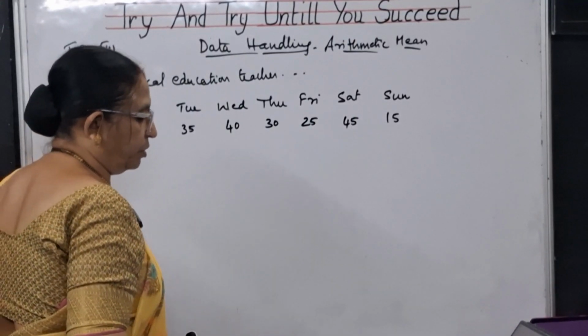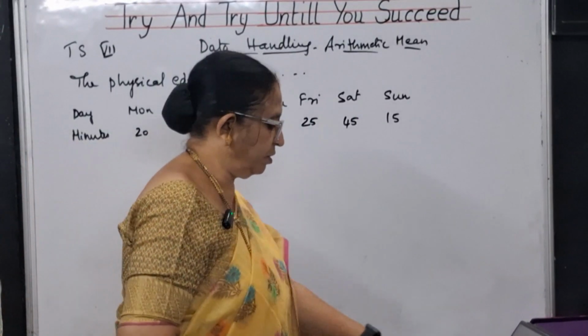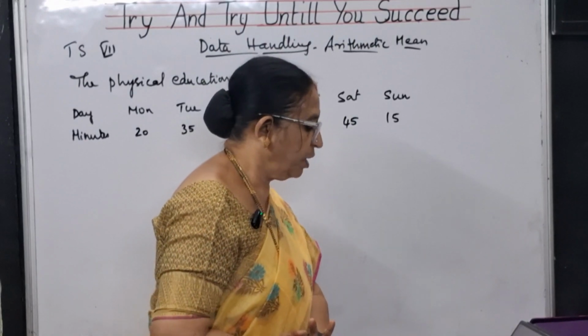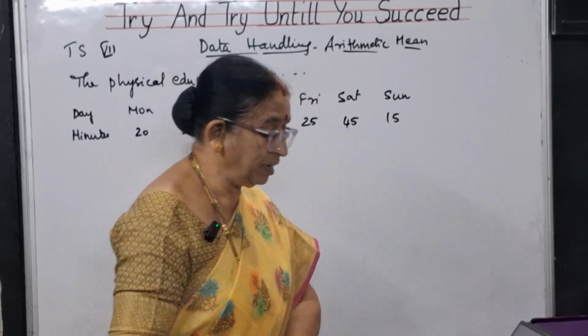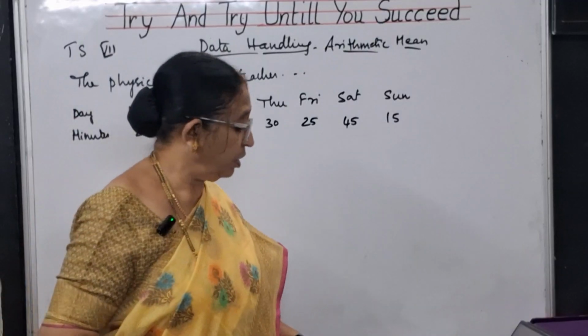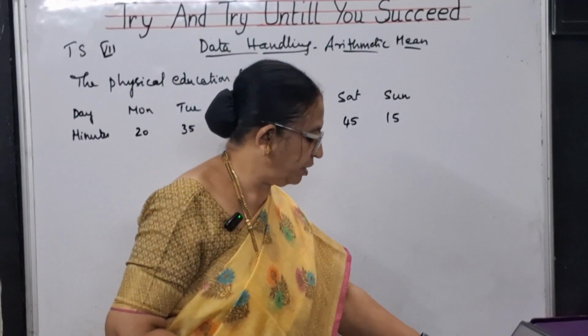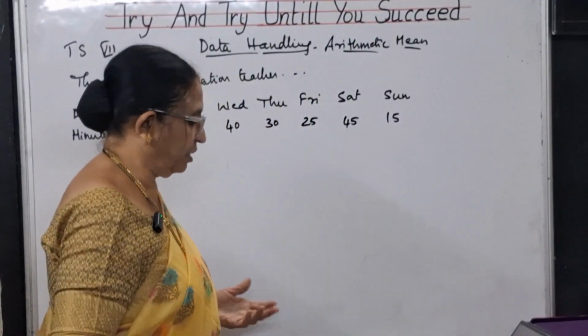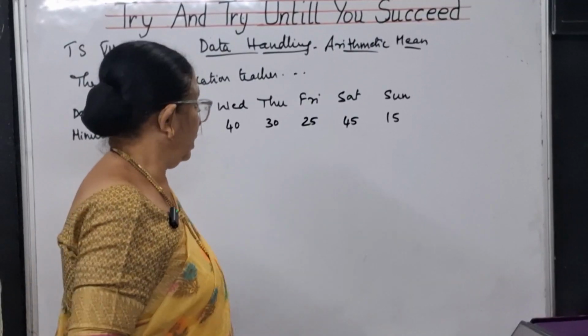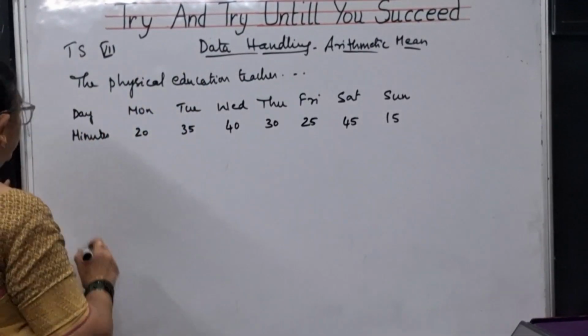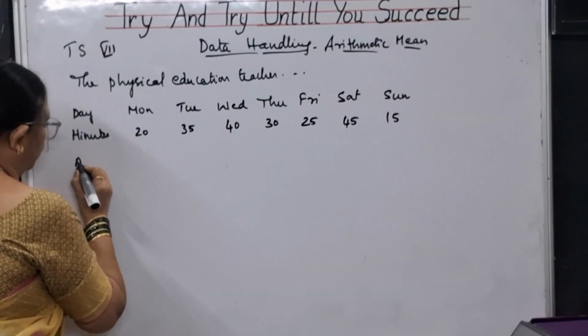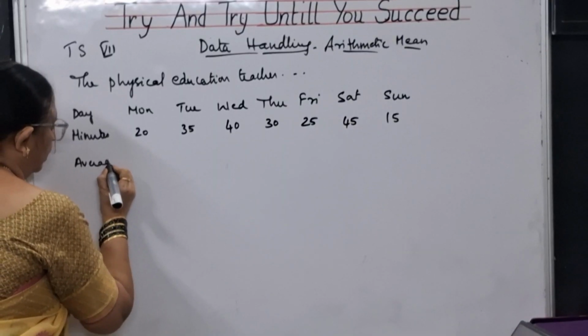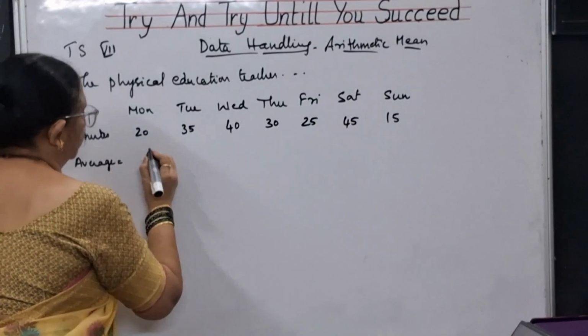Now compare the time spent by Rajender for practice in terms of time spent per day. That means you need to find out the average of his practice, how many minutes he has practiced per day. So you want to find the average. What does average mean?